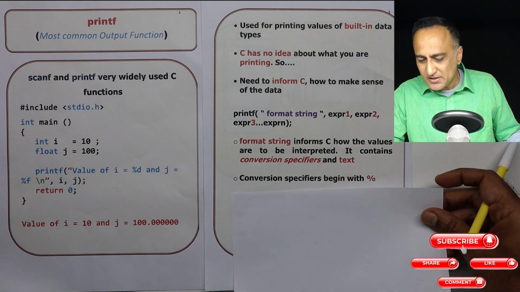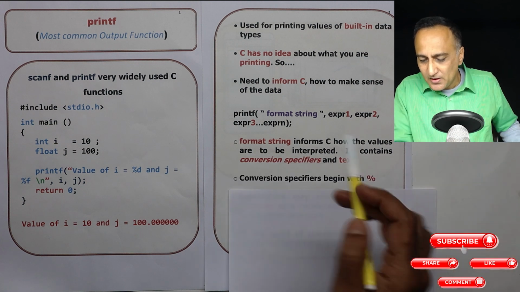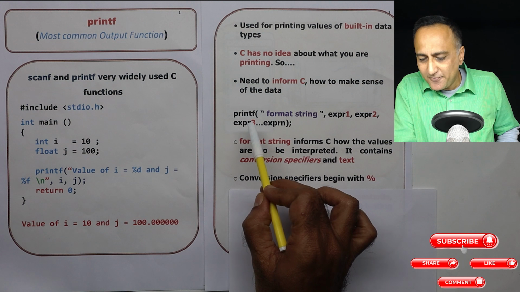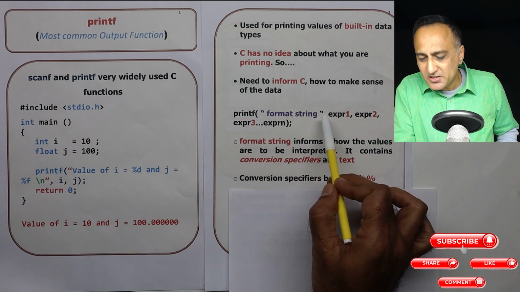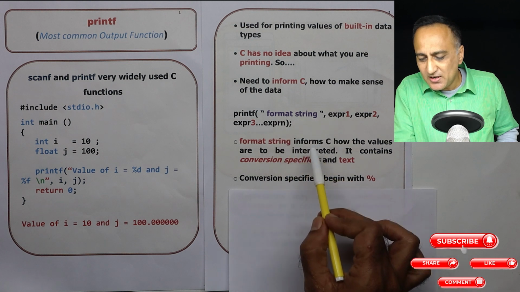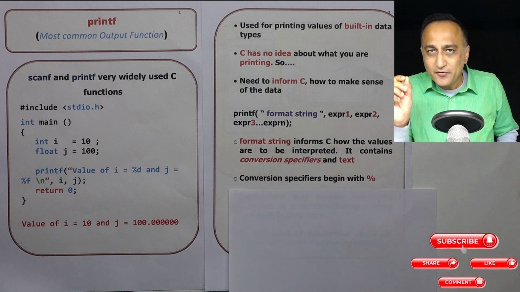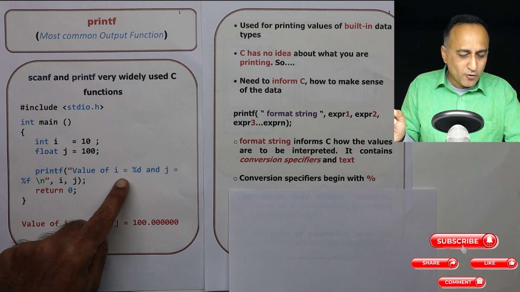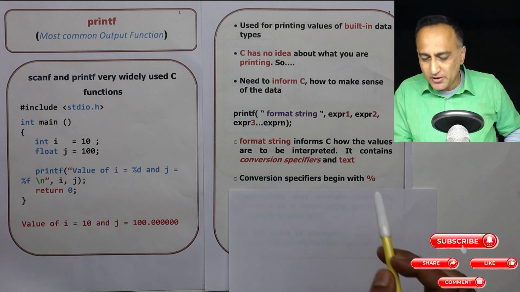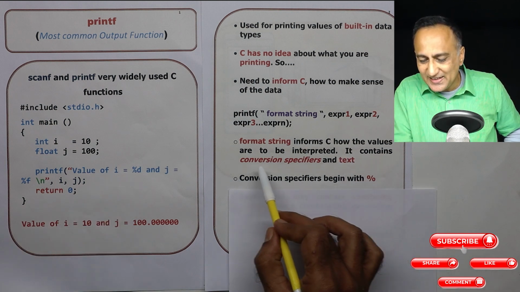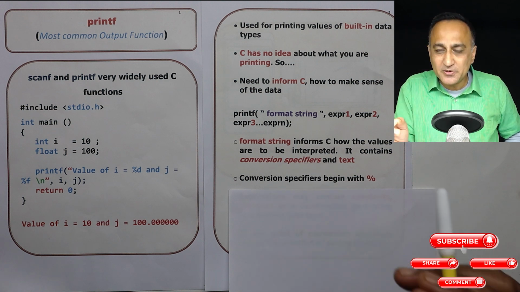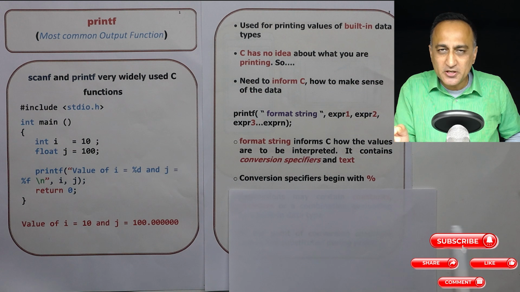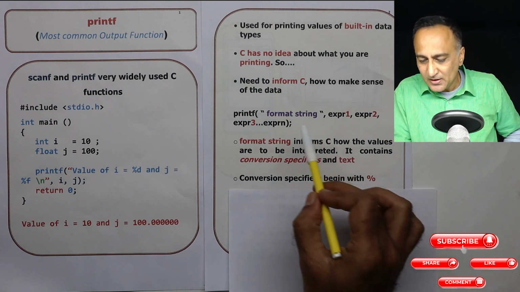So here you need to understand a few things. When you look at printf, there's a round bracket, and it ends with a round bracket. Inside is the format string. The format string can contain fixed text like "value of i is assigned" and so on, as well as conversion specifiers like %d, %f, %l, %u, %o and so on.